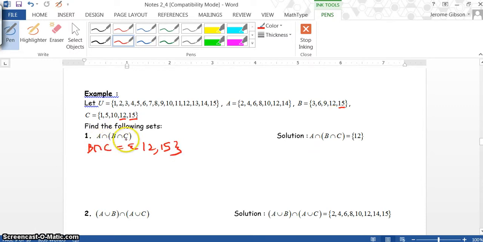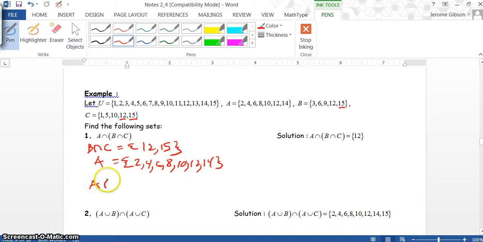Now we have A intersect B intersect C. So now what we need to do is list the values of A. The values of A we know are 2, 4, 6, 8, 10, 12, and also 14. Now we take the values that match up here, which is only 12.